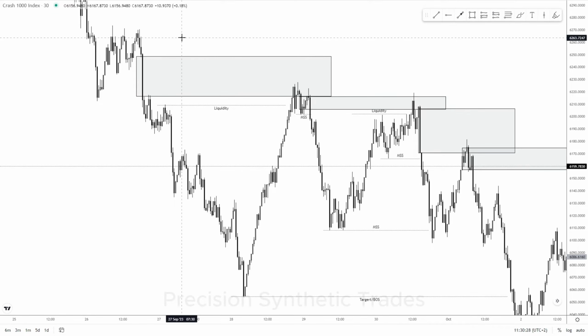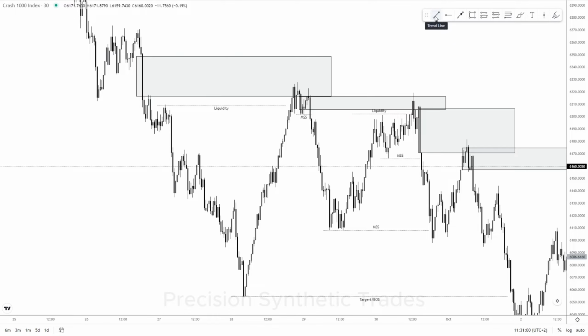So as you can see, there was a big impulse move in this leg that left a fair value gap. Now price is doing what it does, all right? Price came here, it started working up. So now, because this big fair value gap is left there at the top, we know it needs to come fill that fair value gap.